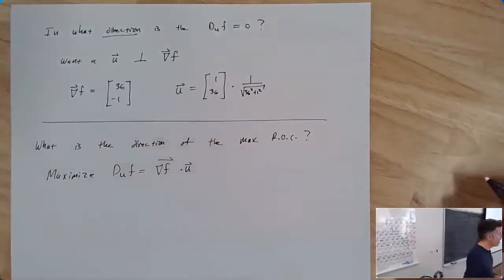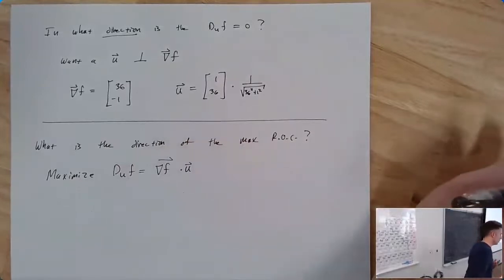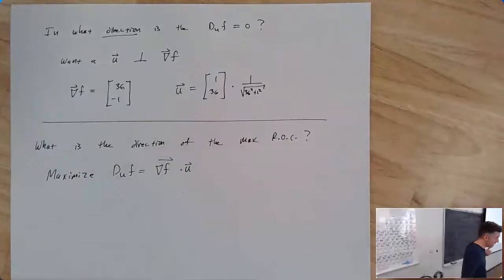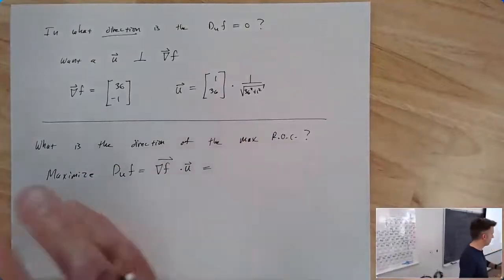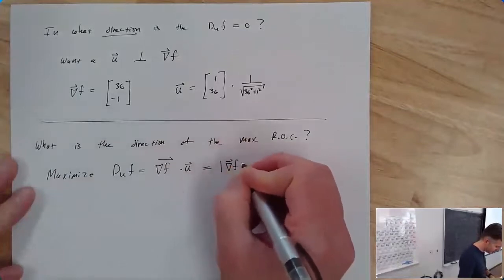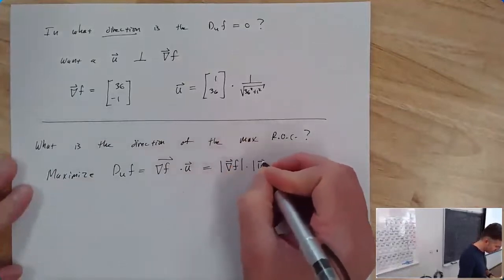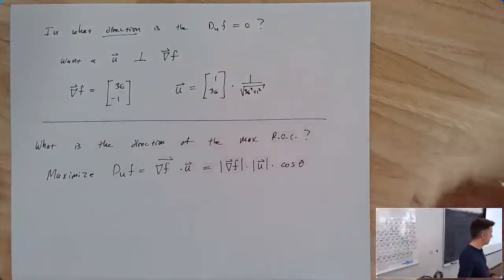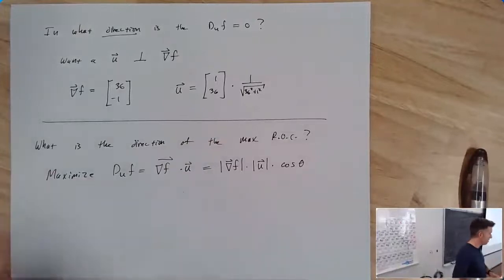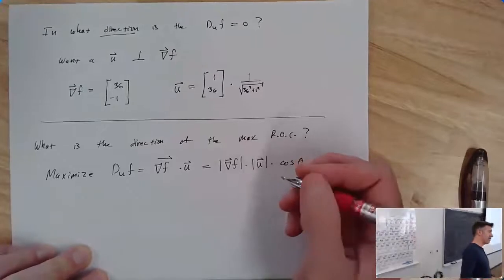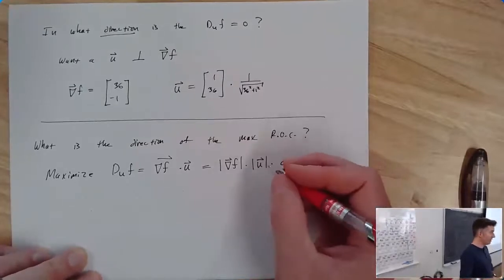One way of calculating a dot product, which we don't usually do because it's usually a pain, is the magnitude of the first vector times the magnitude of the second vector times the cosine of the angle between them. So the magnitude of the direction vector u, well, it's the direction vector, so what's its magnitude? 1.